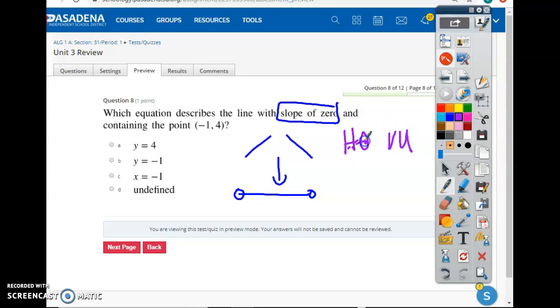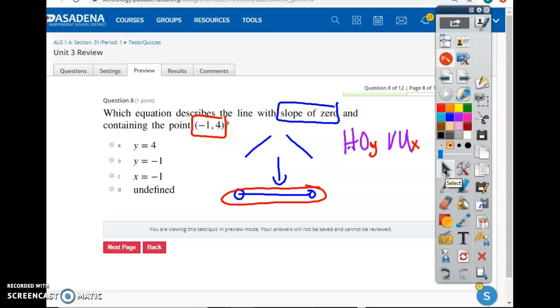Horizontal line has 0 slope, and it starts with y equals, because VU starts with x equals. So it has to start with y equals, right? It needs to look like this, 0 slope, and it has to pass through this point. So make sure that you add this point into Desmos.